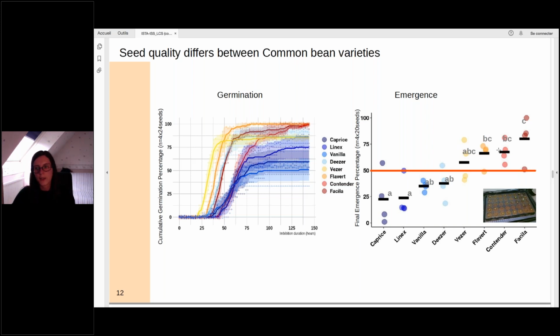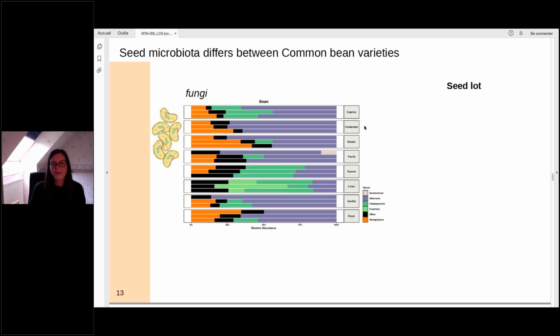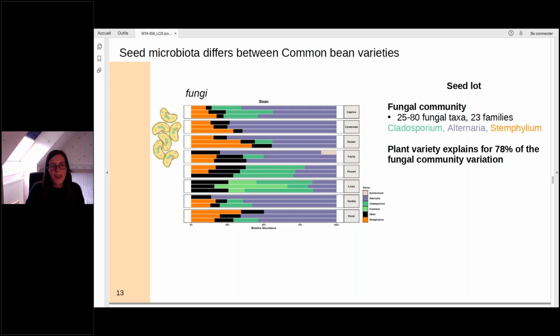Now we would like to link it to the seed microbiota. So we first characterize it. Here you've got the different common bean varieties, and for each one, for different samples, batches of seeds, you got a relative abundance of the microbial taxa. Here's the fungi first. I will show you the bacterial just after. So we find back our core microbiota taxa, so Cladosporium, Alternaria, and Stemphylium for the fungal community.